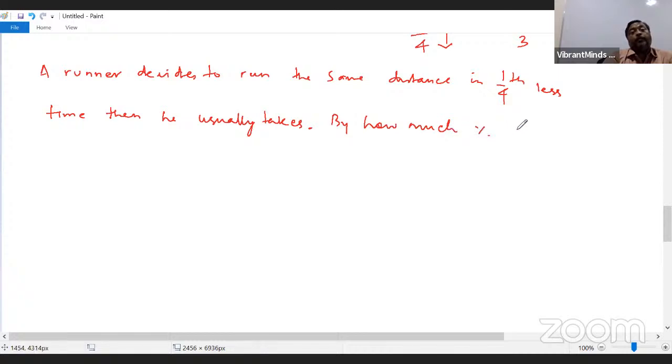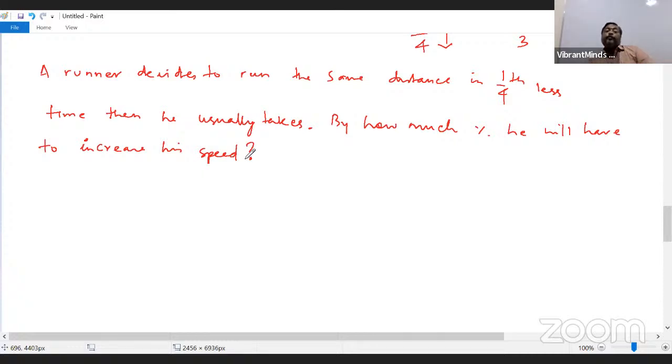By how much percent will he have to increase his speed?